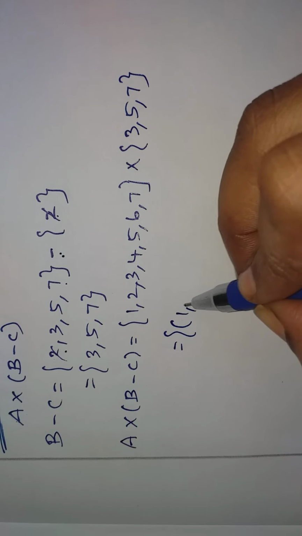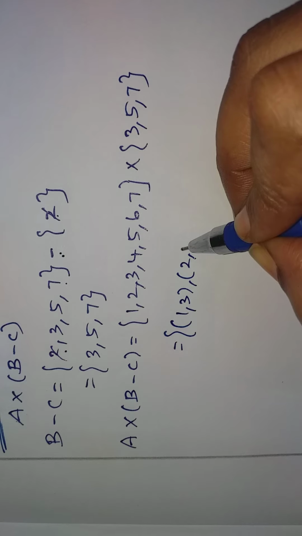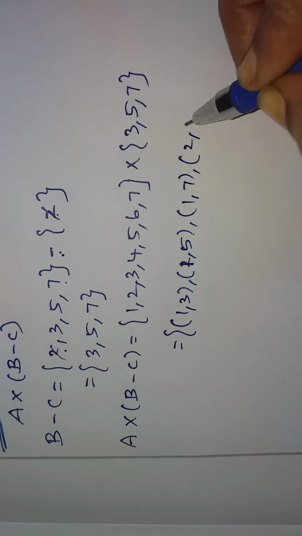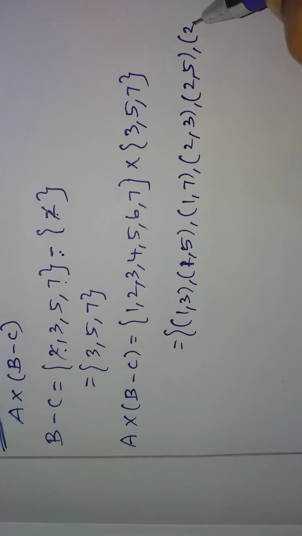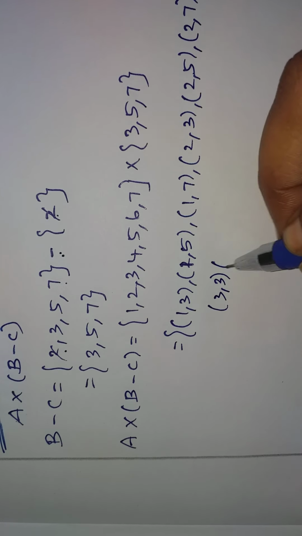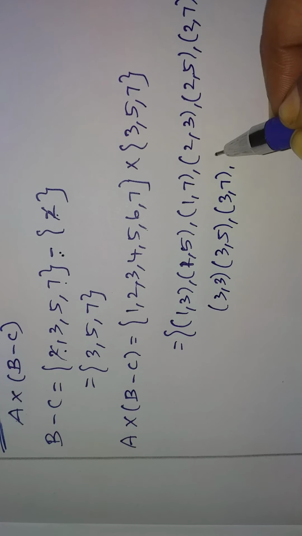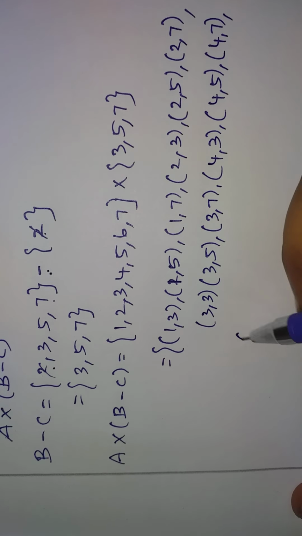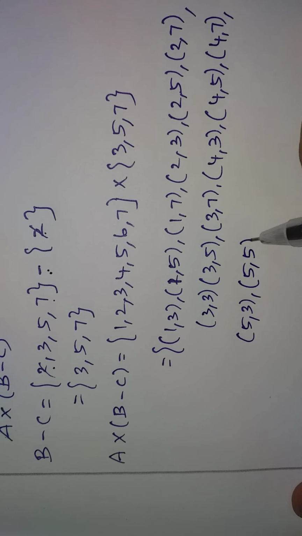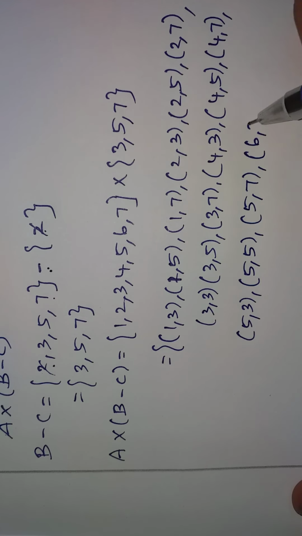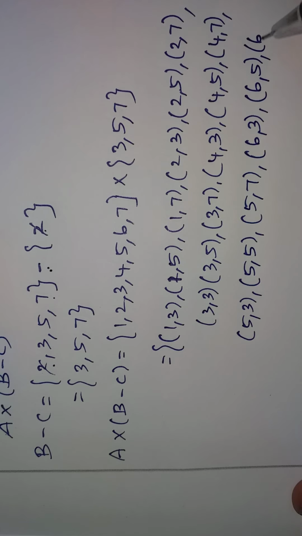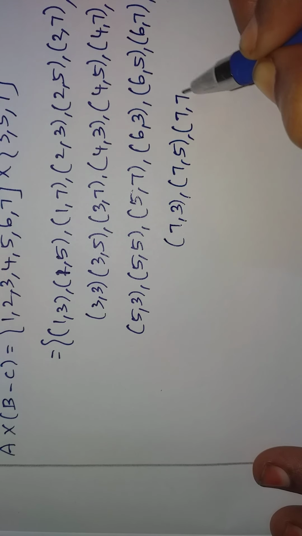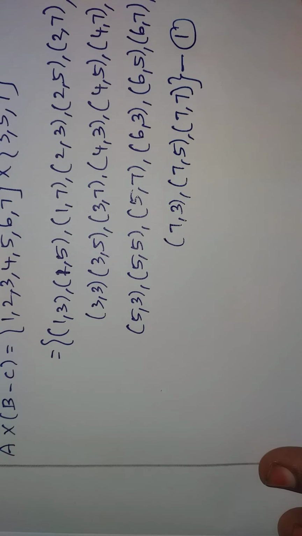Now say in ordered pair: (1,3), (1,5), (1,7), (2,3), (2,5), (2,7), next (3,3), (3,5), (3,7), next (4,3), (4,5), (4,7), next (5,3), (5,5), (5,7), (6,3), (6,5), (6,7), last (7,3), (7,5), (7,7). So let it be our first one.